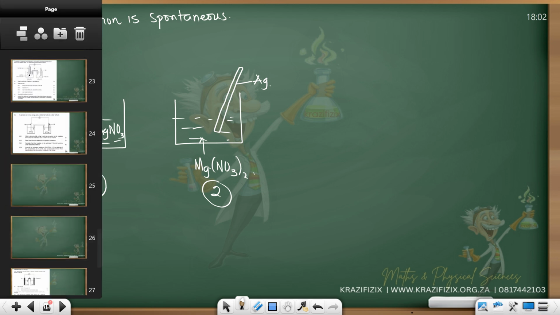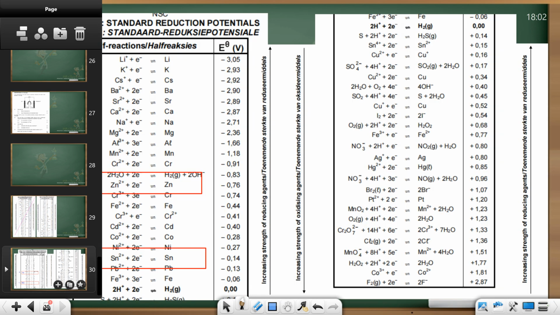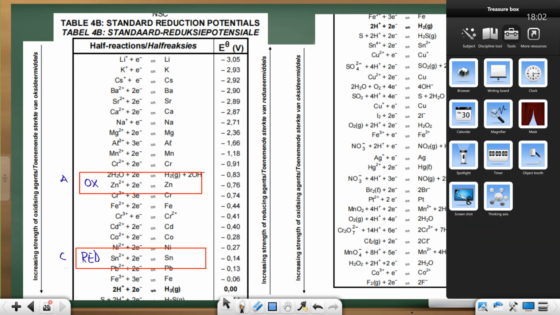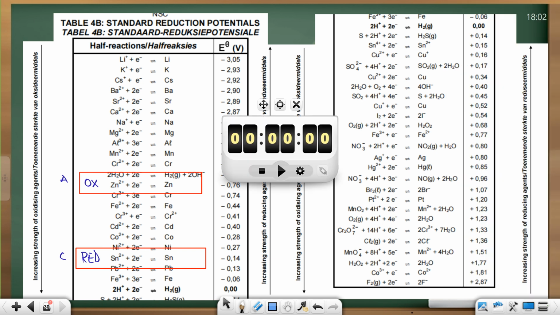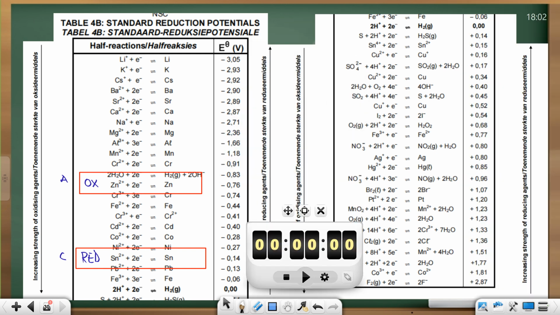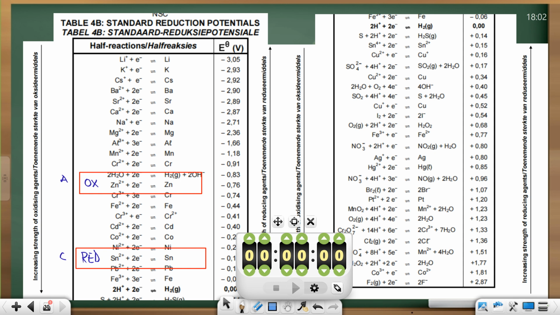All right, here's your table, guys. I'm giving you 3 minutes to quickly apply it. Which one is spontaneous and which one is not? When we start answering the question, you're going to see it again. It's 4 marks.